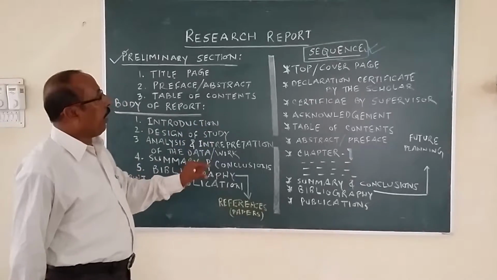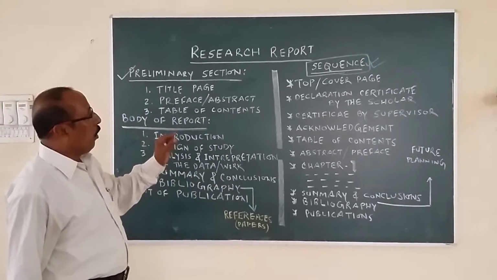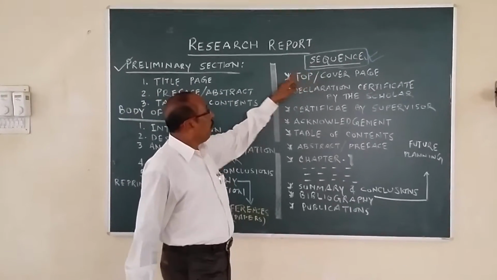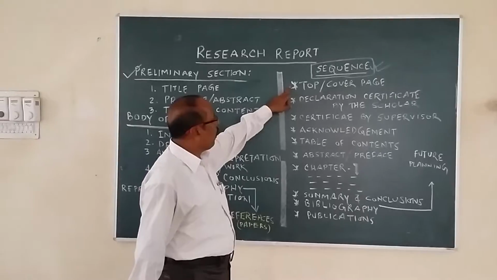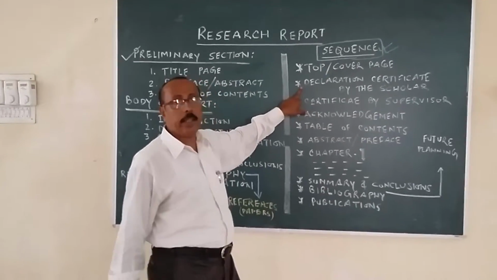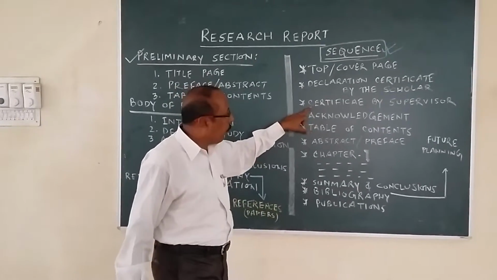If we see the sequence of the thesis, this is the sequence. Firstly, the top or cover page. Second, the declaration certificate by the scholar. Next, the certificate by the supervisor.